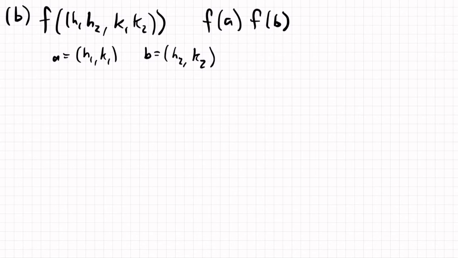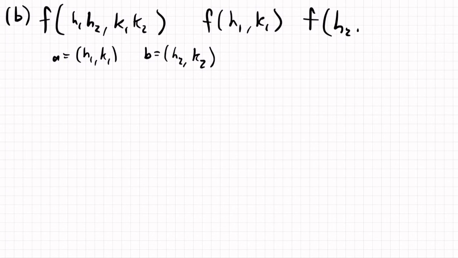And a lot of times when we're talking about maps on product groups, we don't write the extra set of parentheses for the tuple. And then this over here is going to be f of H1, K1, and then f of B will be f of H2, K2. Okay, so we want to compare these.